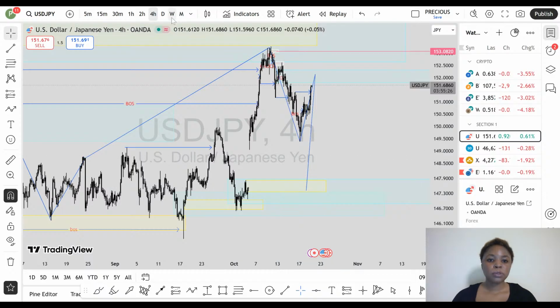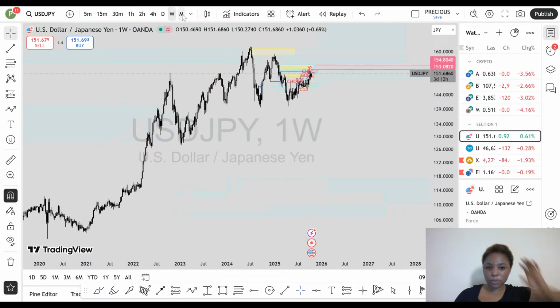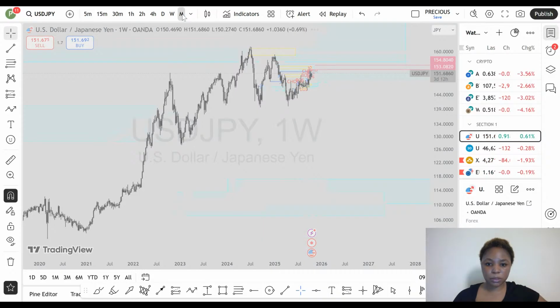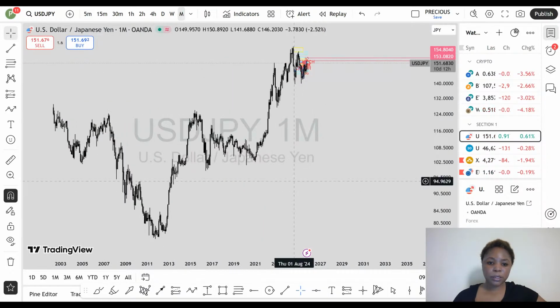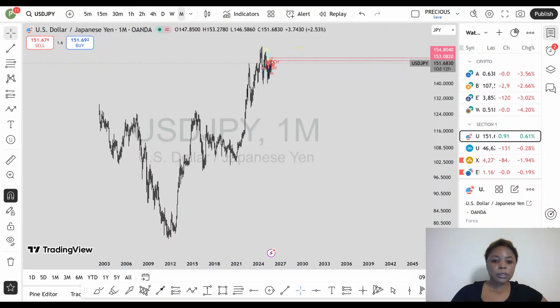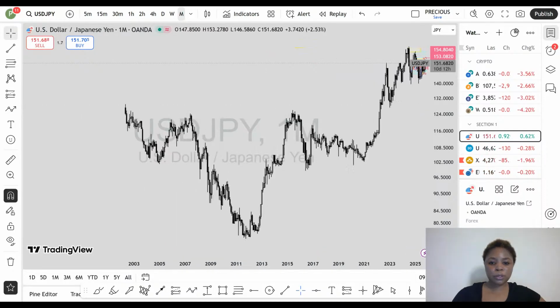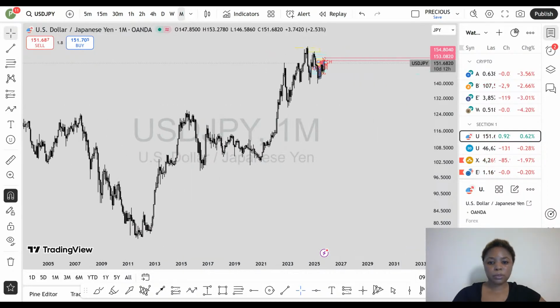Because on the weekly time frame, let's see how this market is. Can you guys see? Can you guys see the structure here? We are very bullish here.